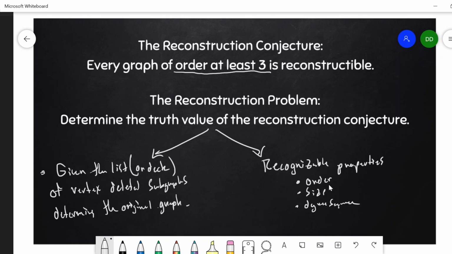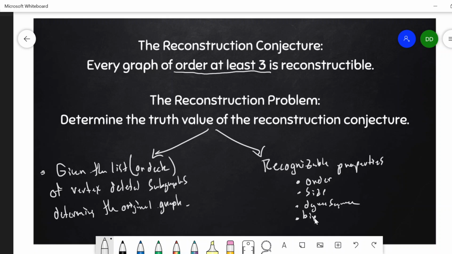So we would call each of those properties recognizable. That is, given the list of vertex deleted subgraphs, I can figure out exactly what this parameter is for the original graph.